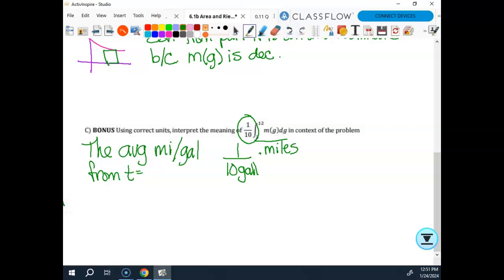What is it? Gallons. From G equals 2 to G equals 12 gallons. So we're going to start doing some of this too, where you find the whole thing, and it's all in miles, but then when you multiply it by something on here, you're getting a rate back, but it's giving you an average rate over this interval here.